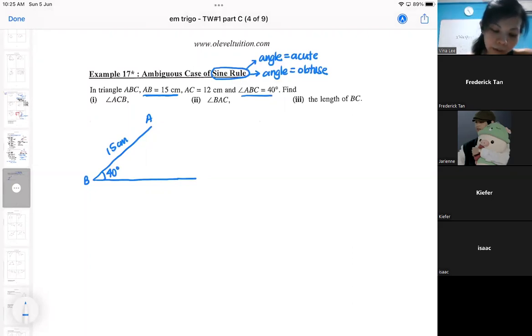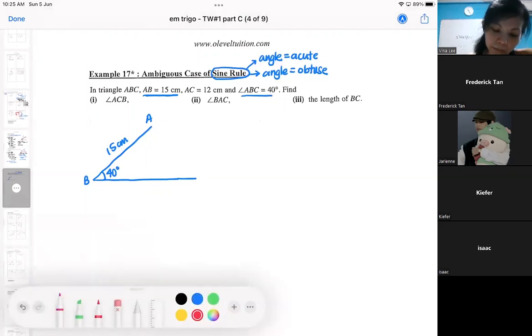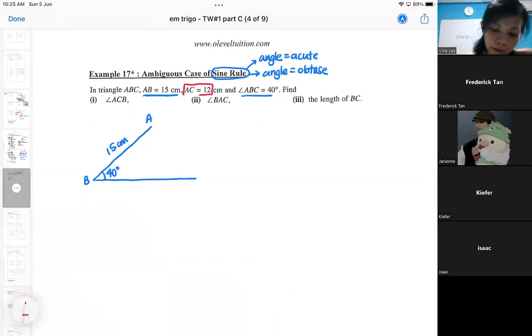Okay, so there is this 12 centimeter here. If you go and construct the 12 centimeter, the compass can swing something like this. You know the construction, the compass thing.